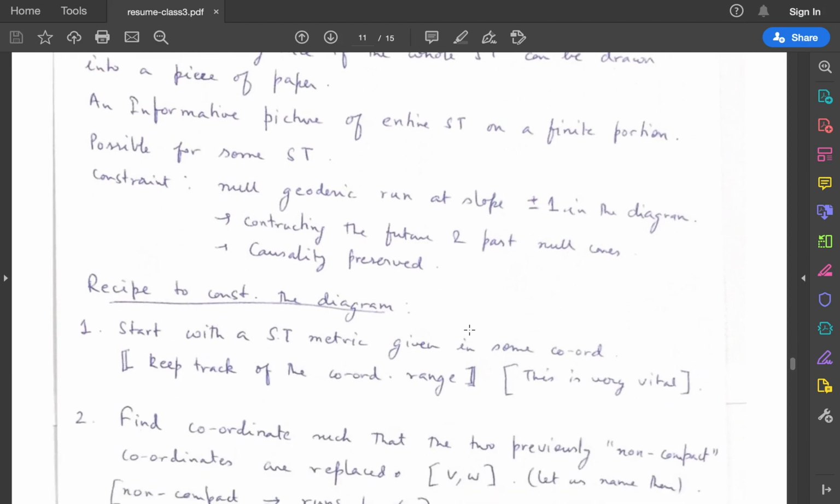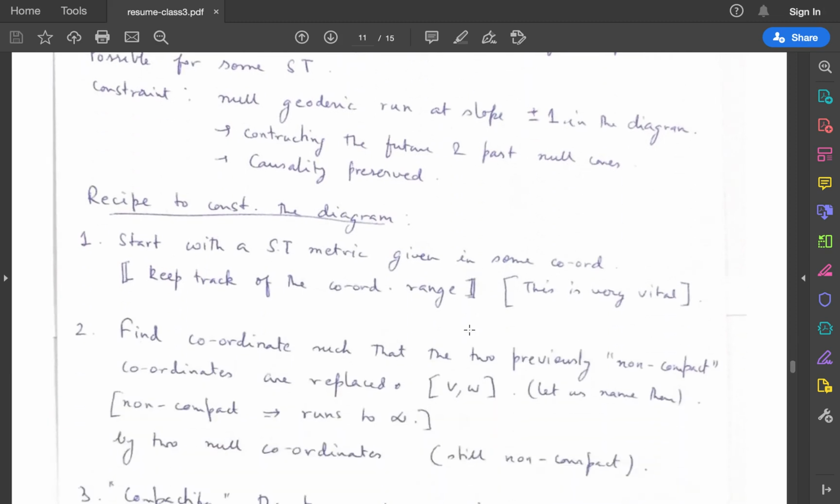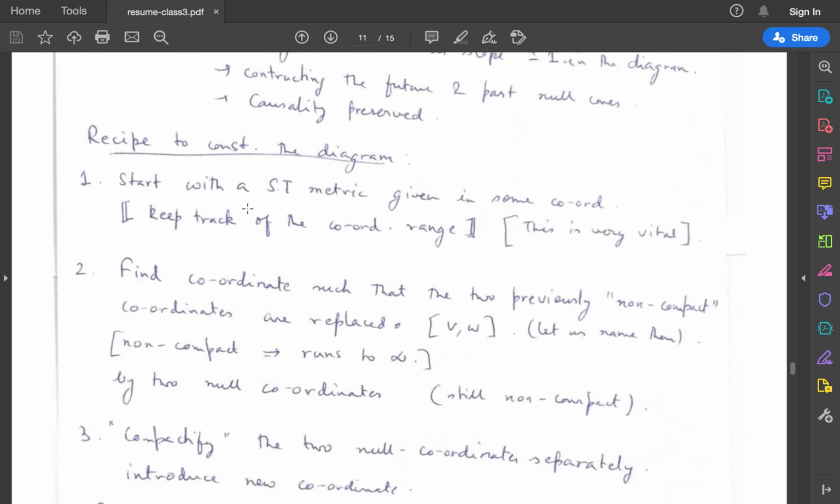So how to draw this diagram? Let us look into the recipe book of drawing such a diagram from any spacetime metric. The first point: let us start with the spacetime metric given in some coordinate system. Let us have any spacetime metric we want to solve in any coordinate system.